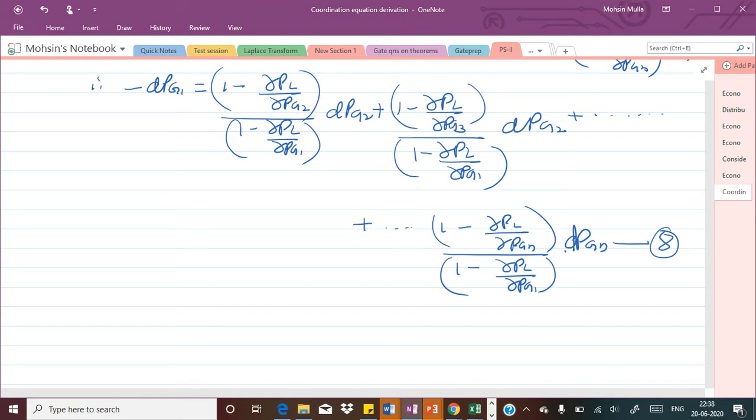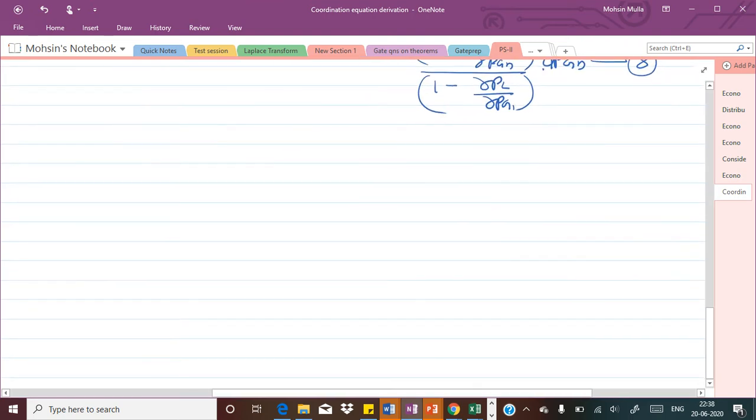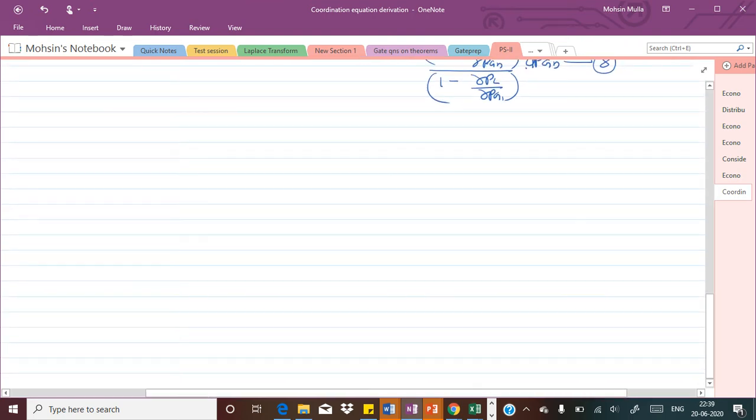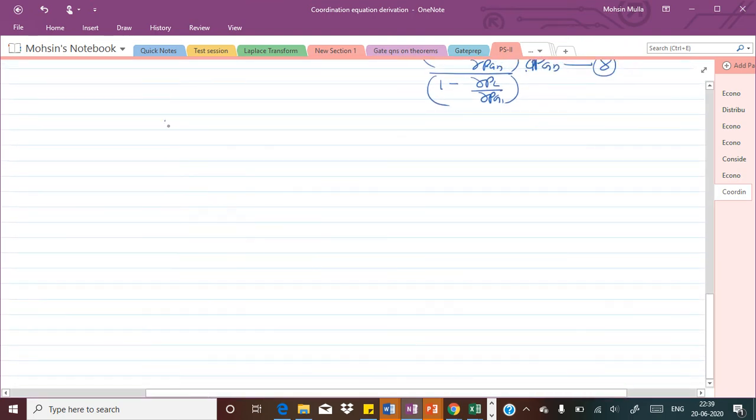Okay, so now for C to be minimum, what is the condition that we have considered? For C to be minimum, differentiation of C has to be 0. Okay, so now let us write for that. Differentiation of C should be equal to 0. So differentiation of C is nothing but, already we have written the formula for that.